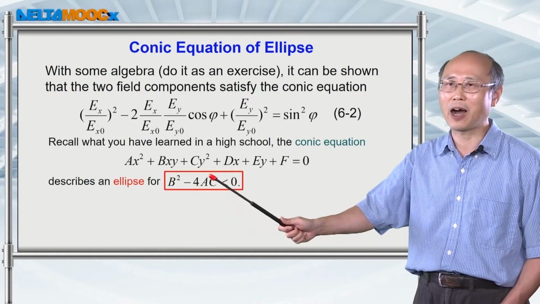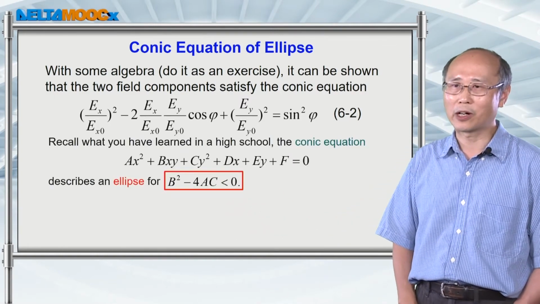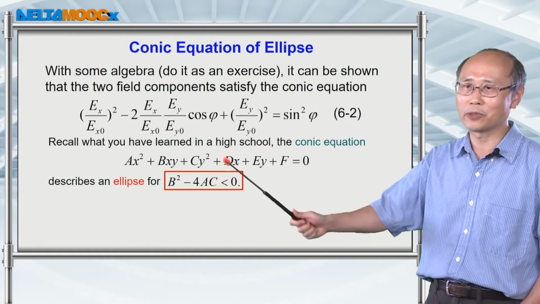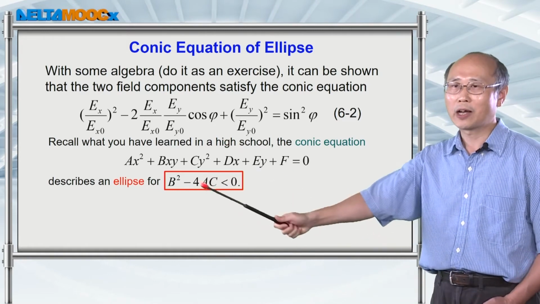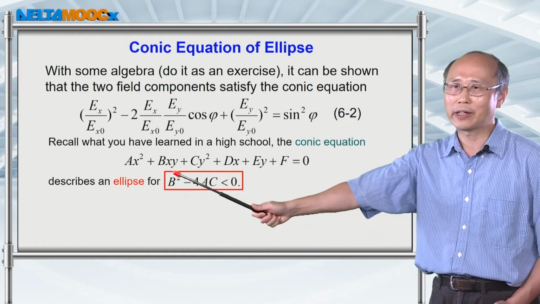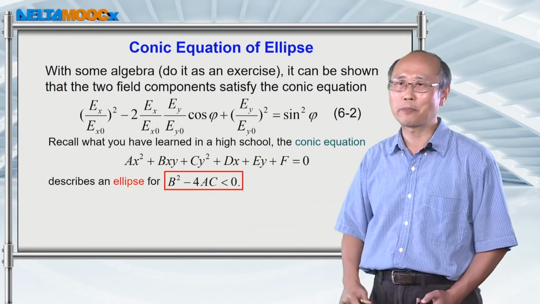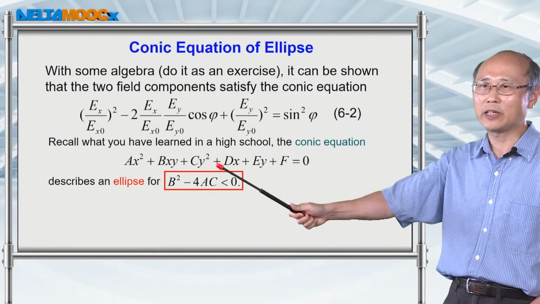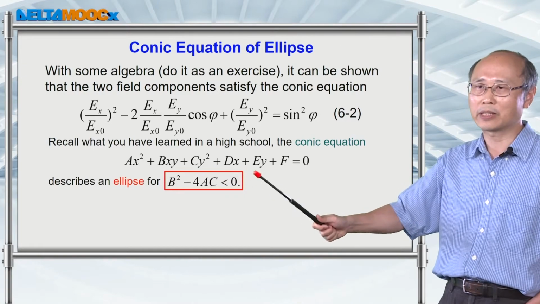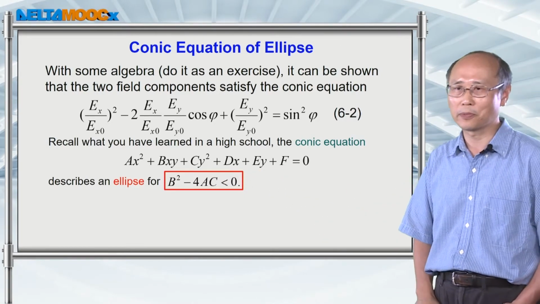And I want to bring out one expression you are already familiar with from high school. You deal with this expression, ax squared plus bxy plus cy squared plus dx plus ey plus f equal to 0.